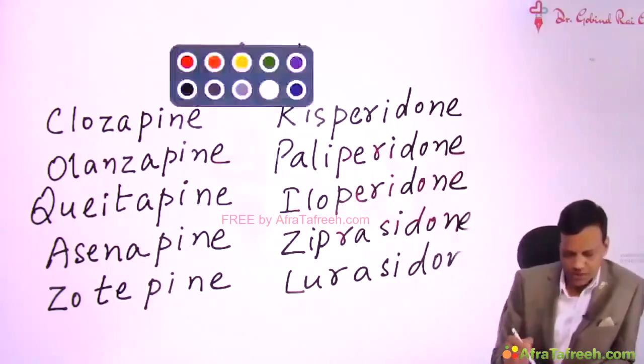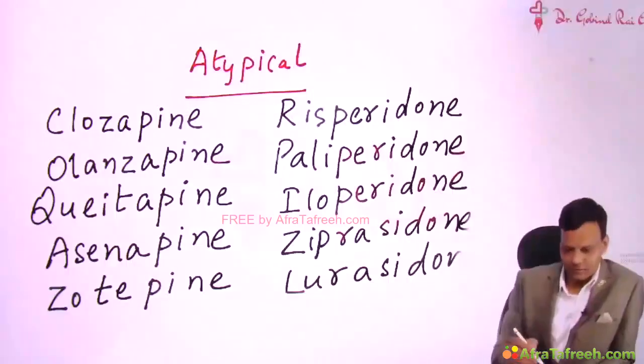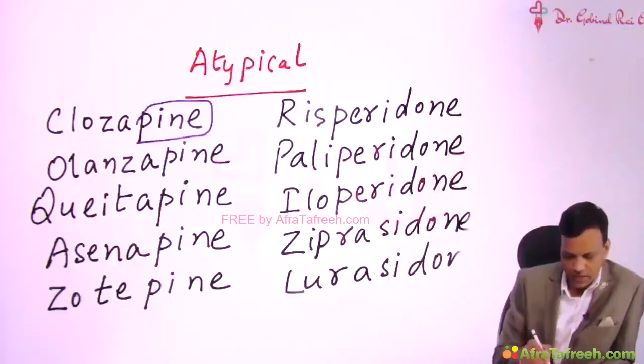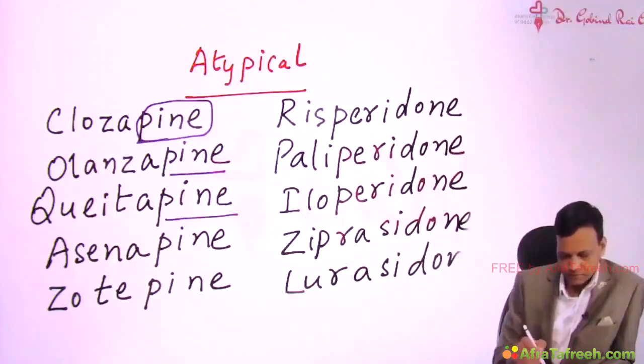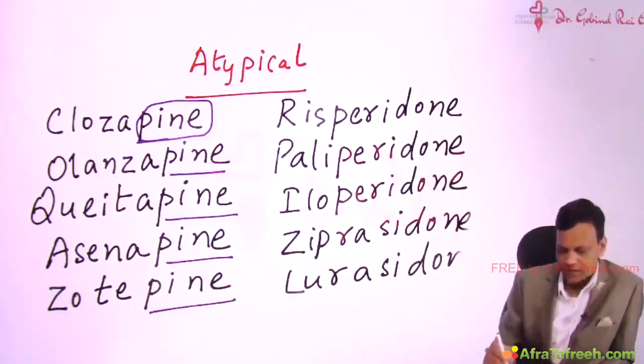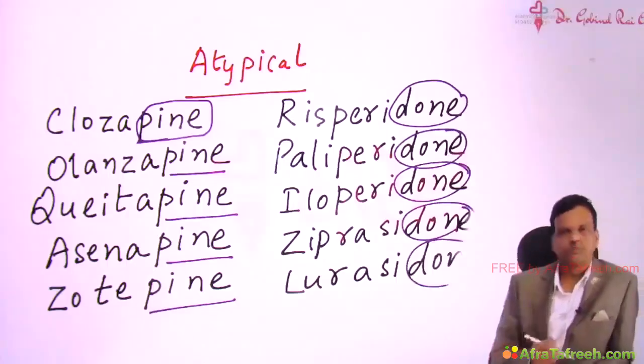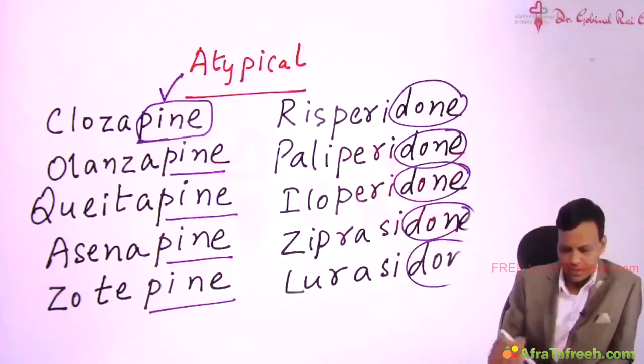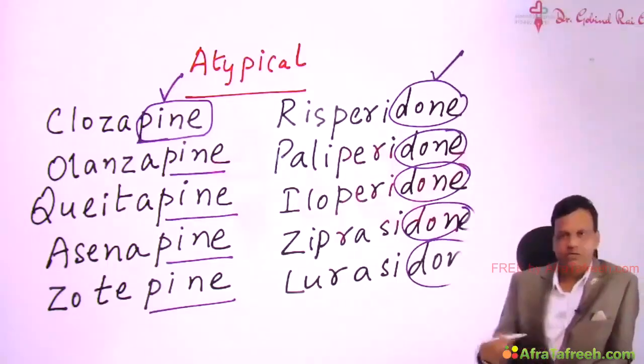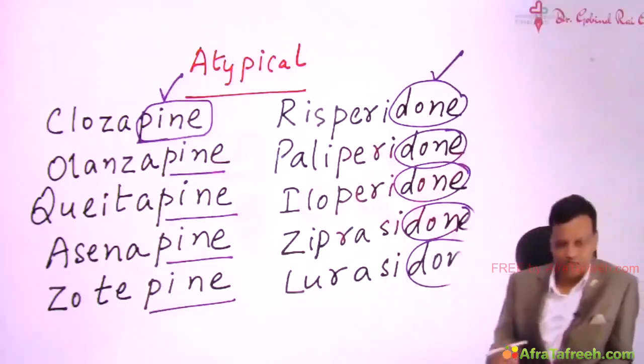So the names of these drugs you can remember. If you see carefully, the names of these drugs end with either pine or done. These are atypical antipsychotic drugs.